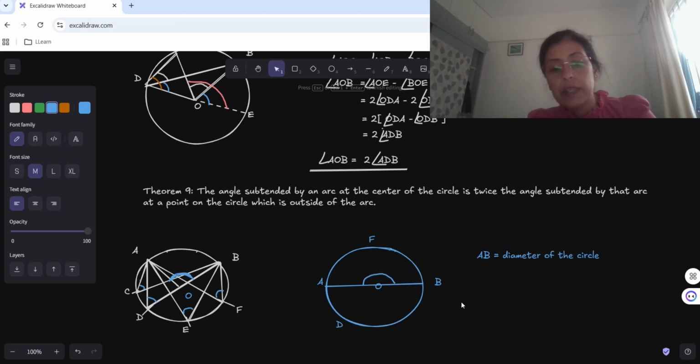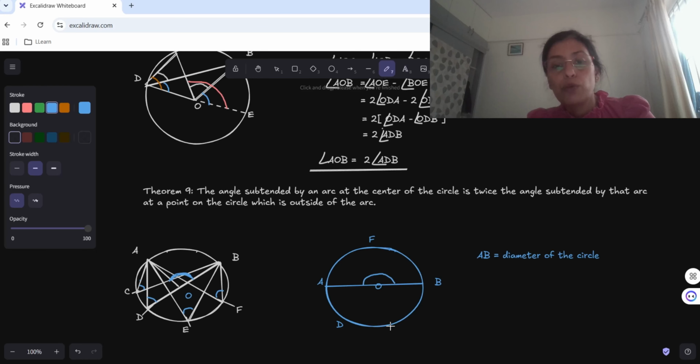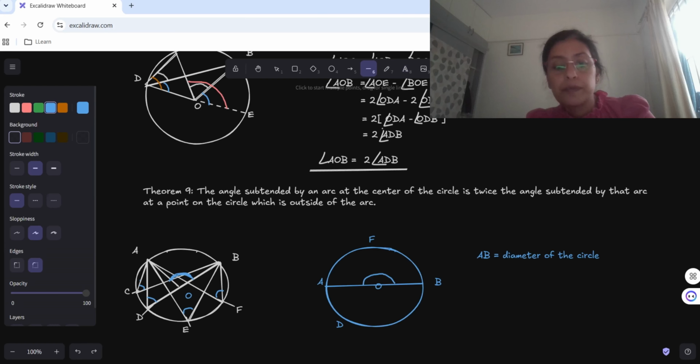I'll call it D. So what I want to prove here is the angle which is subtended by this arc at a point on the other side of the arc.